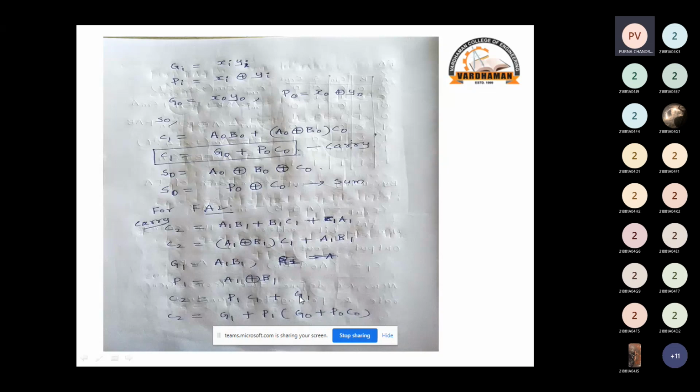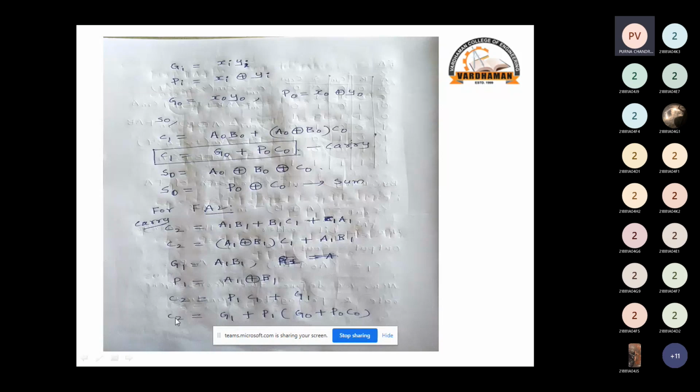Now to find C2 we should know C1, and to find C1 we should know C0. That's why I will express C1, C2, C3, C4 in terms of C0, because C0 is known initially itself. So even though I get C2 in terms of C1, I will express C2 in terms of C0 also.